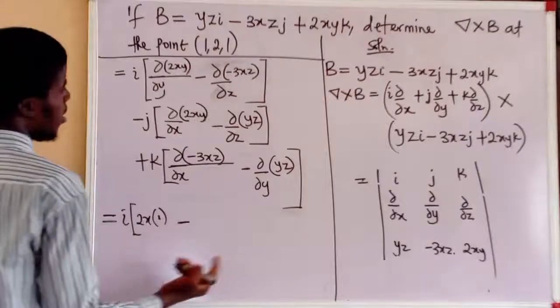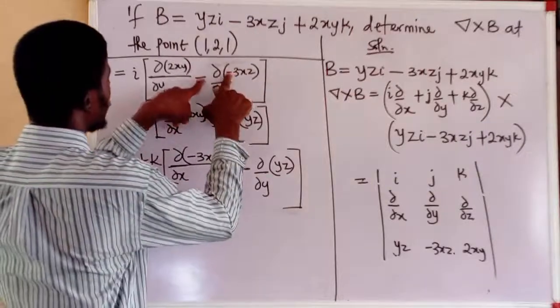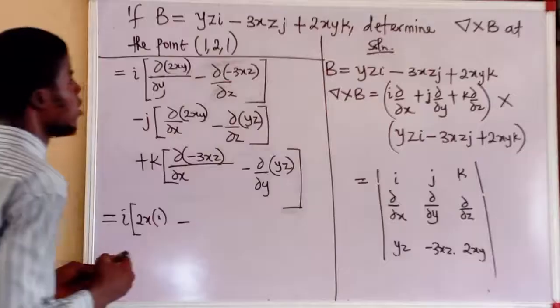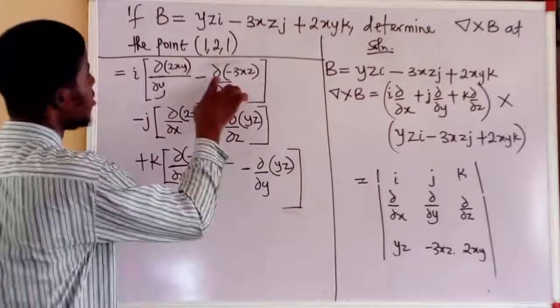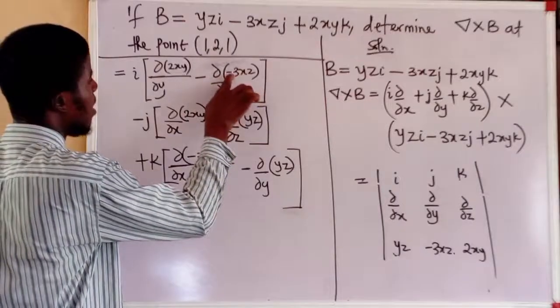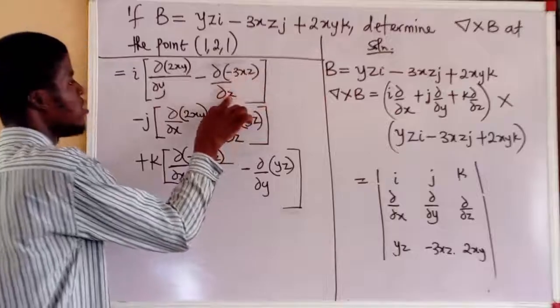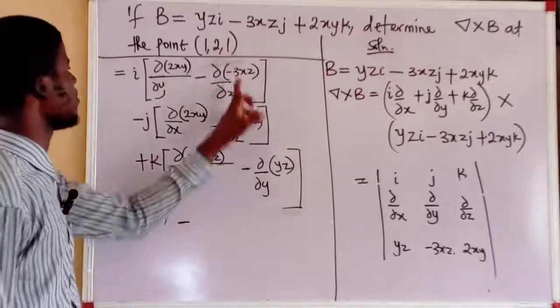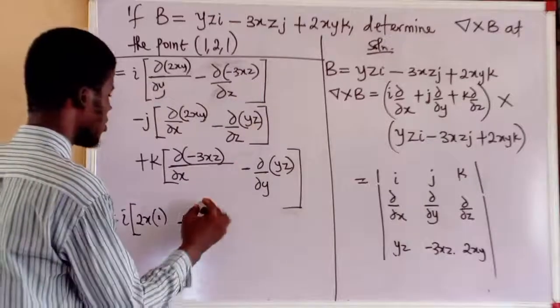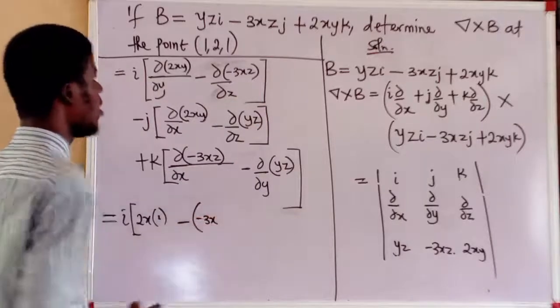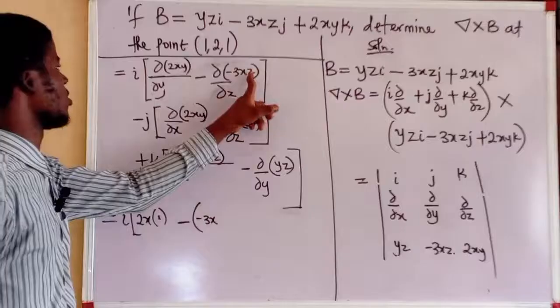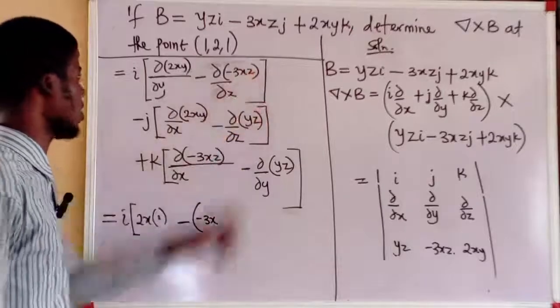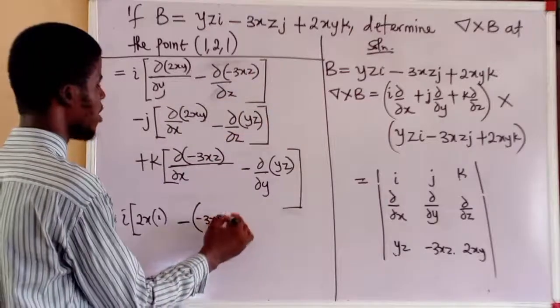Minus, actually, this minus will intersect to give a plus, but let's leave it this way. Differentiate minus 3xz with respect to z, keeping other variables constant. So if we keep minus 3x as a constant, differentiate z with respect to z, that's 1. So minus 3 times 1.